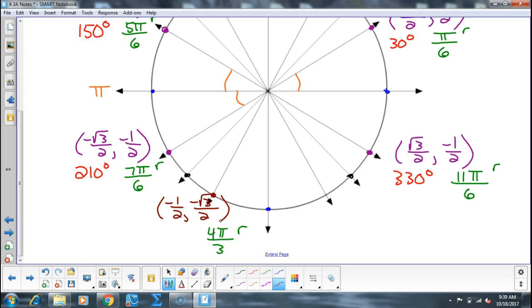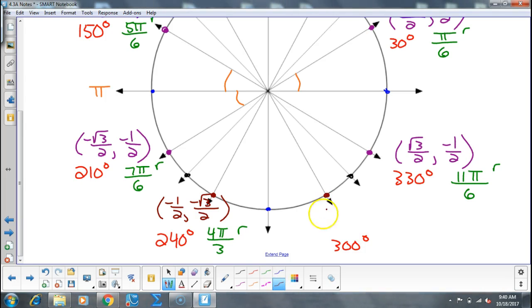Degrees, 240, because we were at 180, plus 60 more is 240. Plus 60 more is going to be at 300 degrees, right?